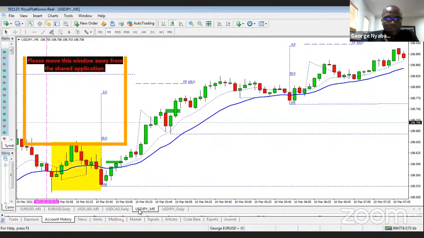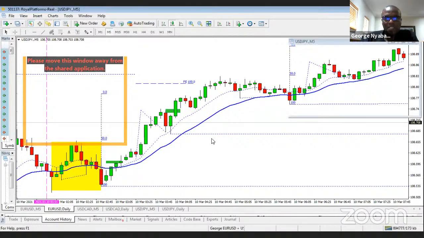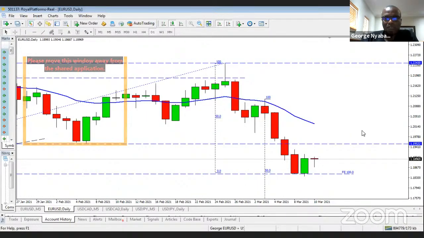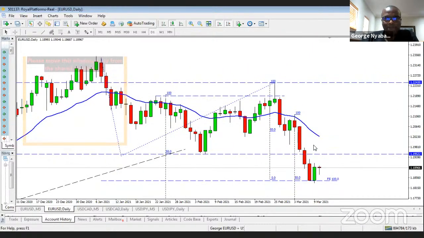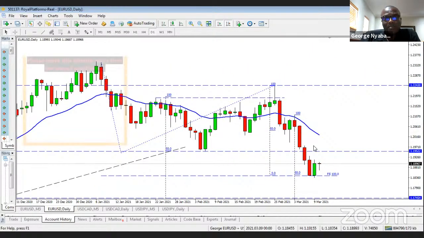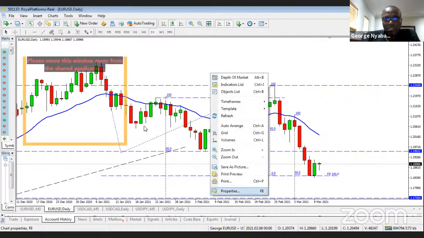Now, I want to just jump very quickly to a daily chart and show you something in terms of measured moves on a daily time frame. I'm sorry, in terms of leg 1 equals leg 2 extensions.